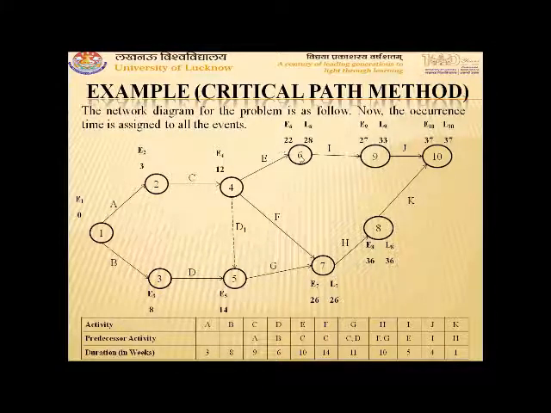And for E, 28 minus 10 comes out to be 18. So the latest start time for activity F is 12 and for activity E is 18, among which the minimum is 12. So our latest occurrence time of event 4 will be taken as 12.